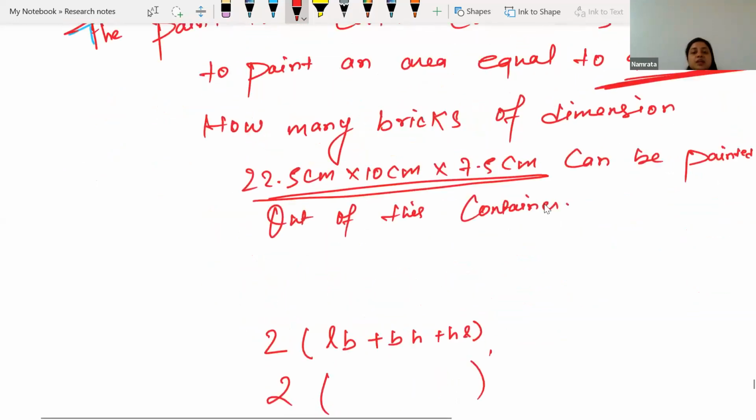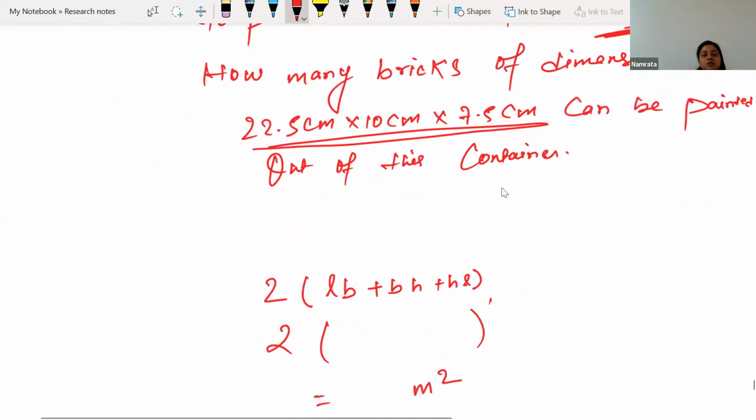let me do the calculation quickly. It will just take a lot of time, so I'm doing it with the help of a calculator. Let me check.